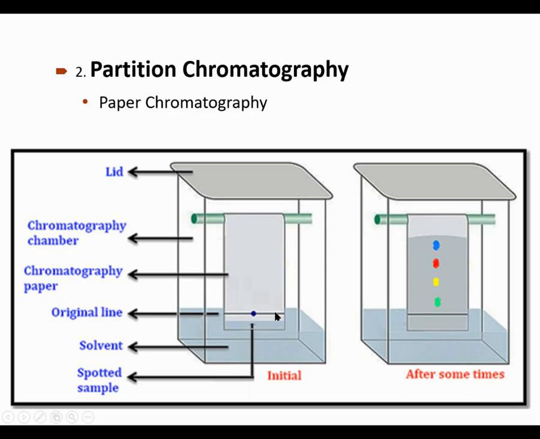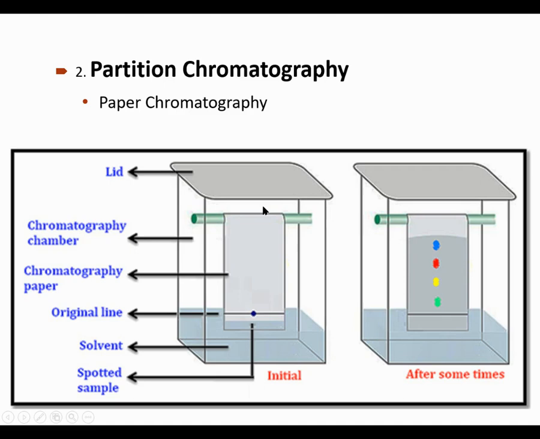Afterwards, you're going to place it inside the developing chamber. Inside the developing chamber, you will have the solvent, which is usually a mixture of ethyl alcohol, butanoic acid, and water. Make sure that the paper is not bent, and cover it with a lid.